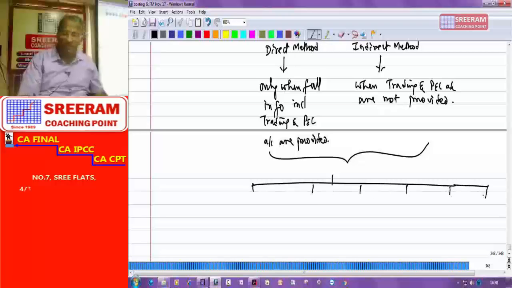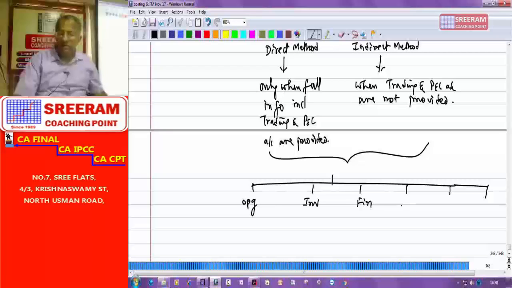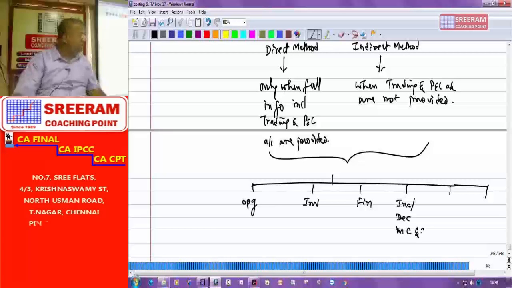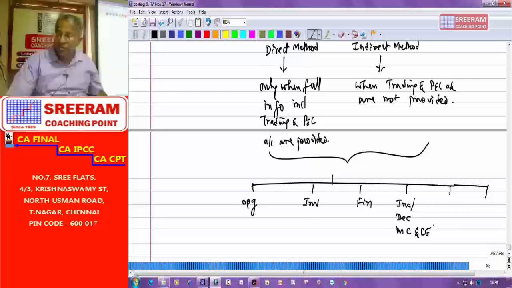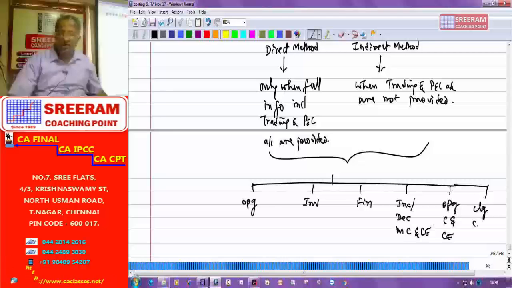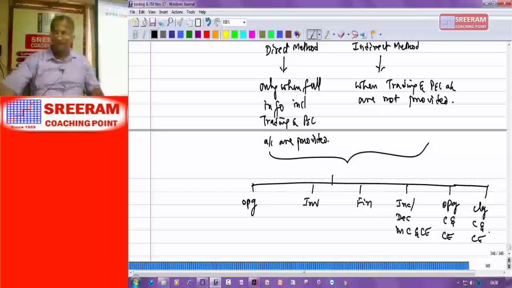First one is operating activity, investing activity, financing activity, then increase or decrease in cash and cash equivalent, not current asset, cash and cash equivalent. Next one is opening cash and cash equivalent. Lastly, closing cash and cash equivalent. So the total statement will be divided into 6 parts. How many parts? 6 parts.